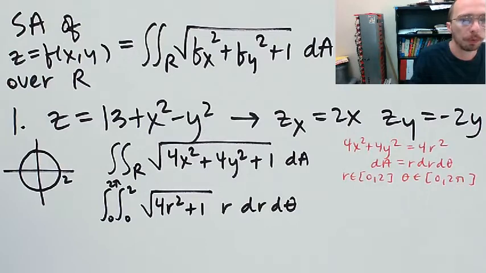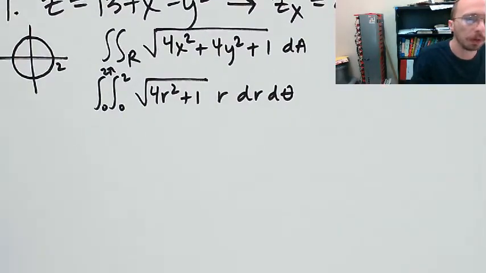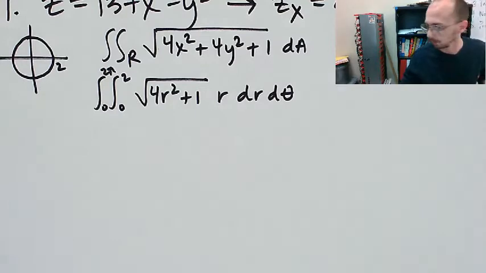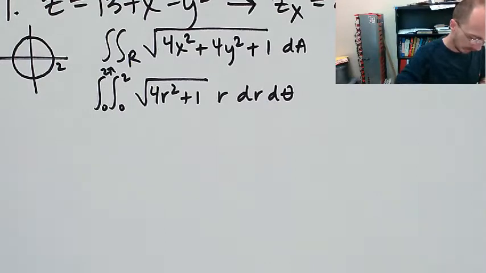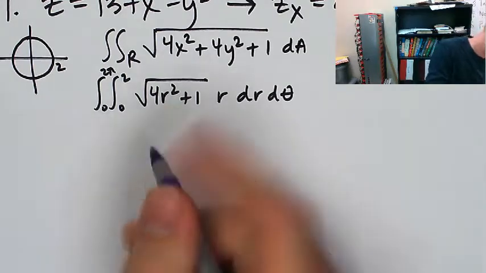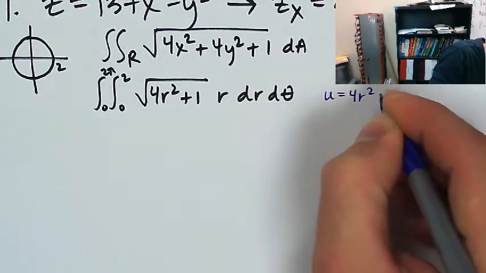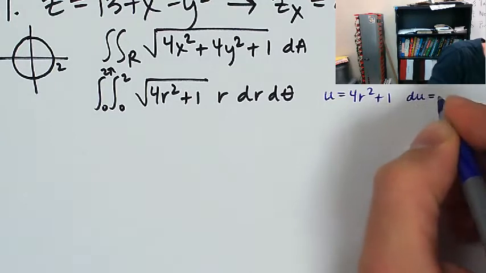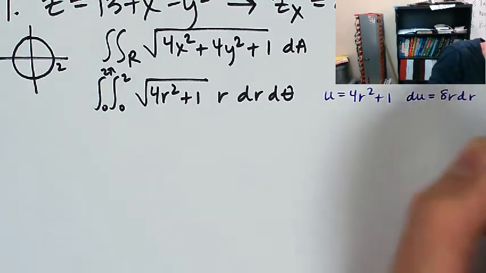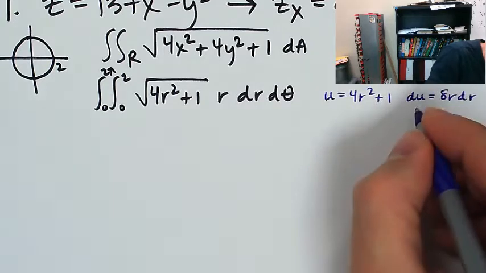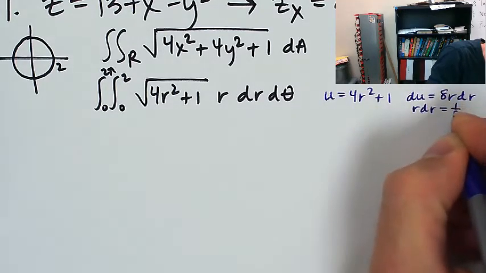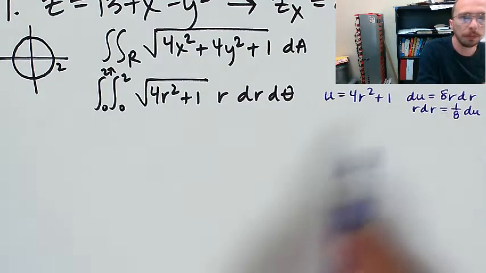Okay. Now this is going to require some more room. Okay, have a few more integration steps. Along the way, this is going to require u substitution because of that r squared inside the square root. We don't have an antiderivative for that. And I'm going to look over here and say, all right, I want u equals 4r squared plus 1. du is 8r dr. Okay, but I just have 1r dr. Okay, so I'll have an eighth of du.